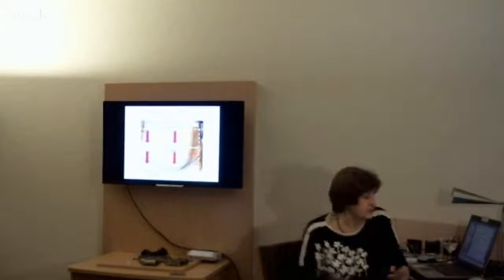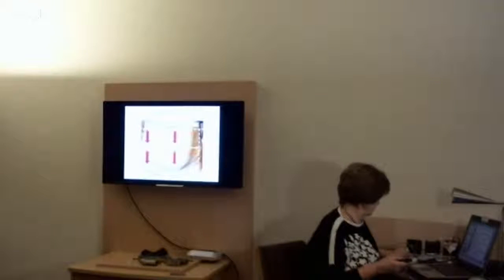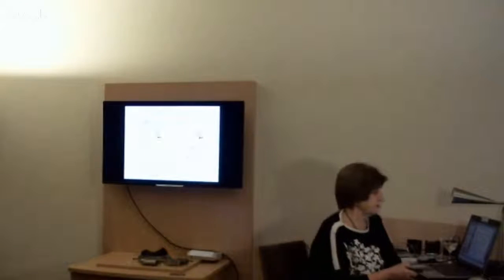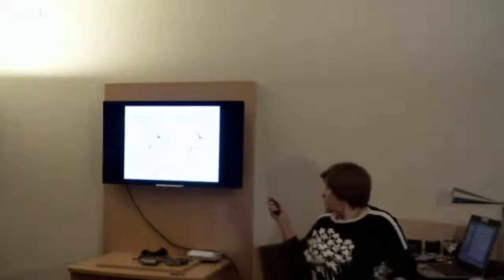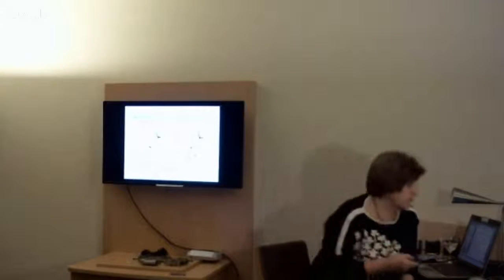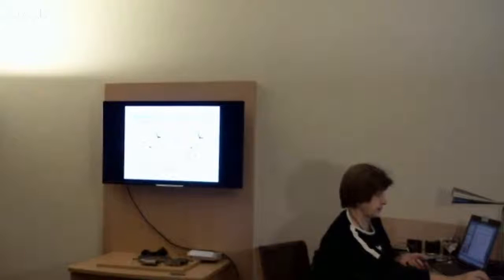We look out for small asymmetry and stimulate the zone of small asymmetry. Here is the sequence of stimulation on the scheme.